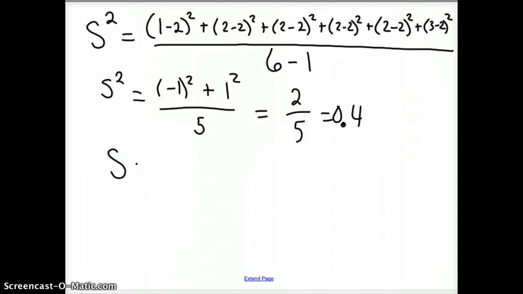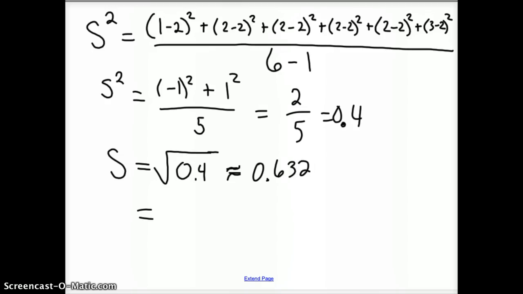So S, which is standard deviation, is the square root of 0.4, which is approximately 0.632. So my sample standard deviation is 0.6 if you go to one more decimal place. And so there's your variation for the Yorkshire Terriers. Very small. 0.6 is very tiny variation, which hopefully makes sense.